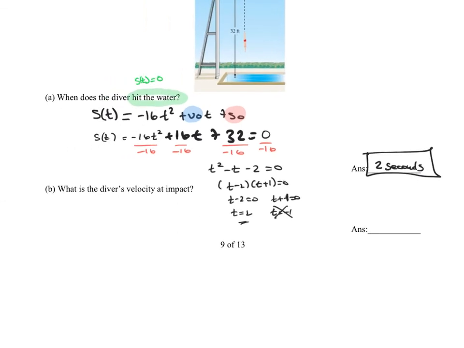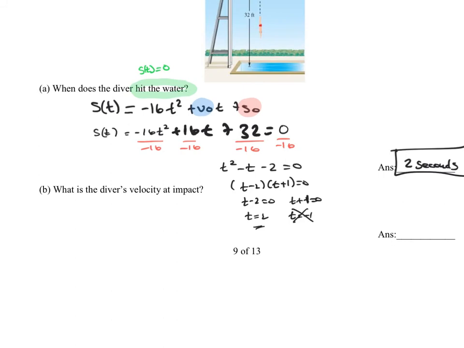Okay. Now it says what is the diver's velocity on impact? So we need to find v of t, which is equal to s prime of t, right? So what's the derivative if we know s of t is negative 16t squared plus 16t plus 32?